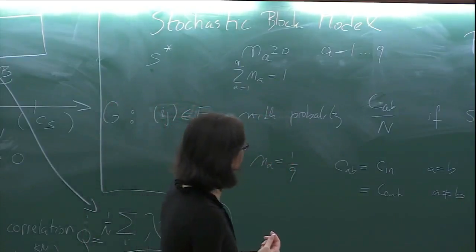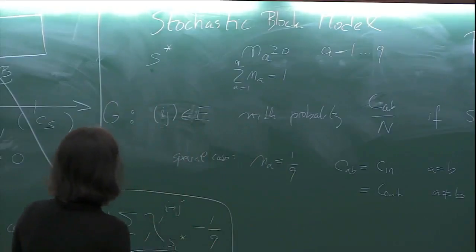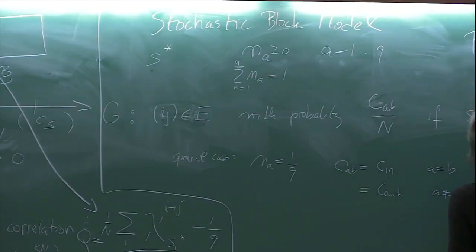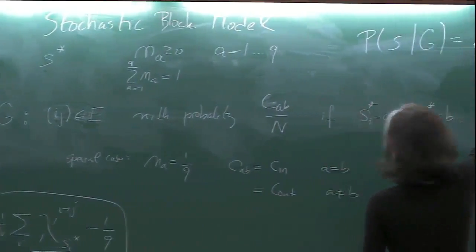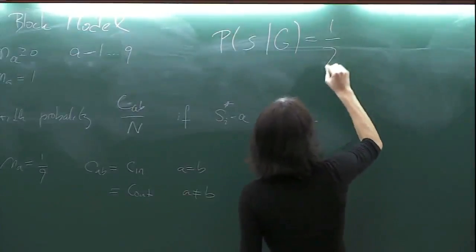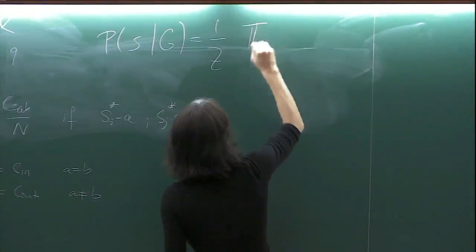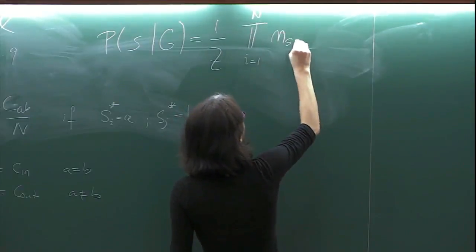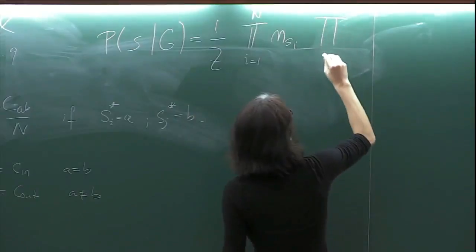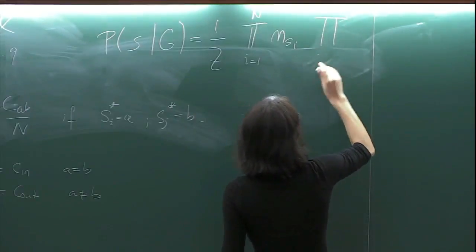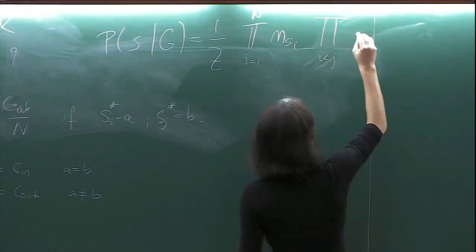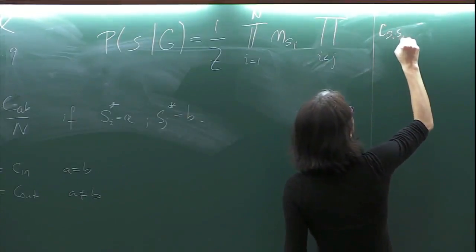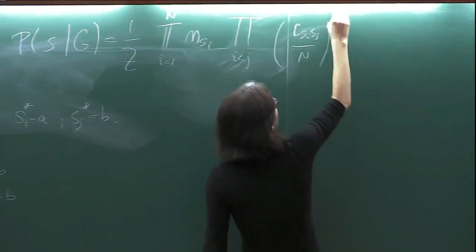But that's a different kind of problem. So here I would like to see what's the assignment of groups based on the graph, so the posterior distribution of that, which is again the normalization factor, and then a product over all the nodes, and here the n_{s_i}, and then a product over all, and here I actually will write a product over all pairs, and then the edge is there with probability c_{s_i s_j} divided by n if the edge was there.